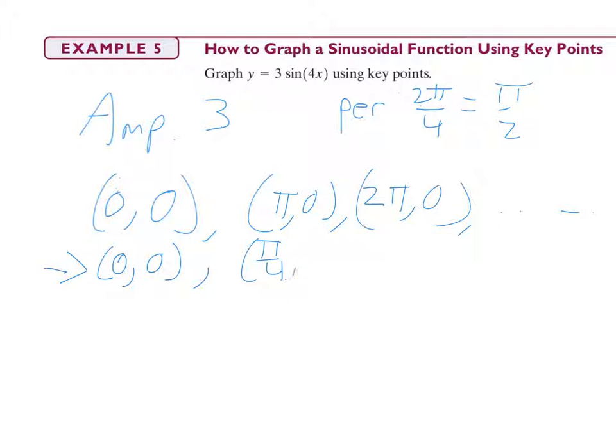Instead of pi, it'd be at pi over 4. At 2 pi over 4, or pi over 2. I believe this is where it is.